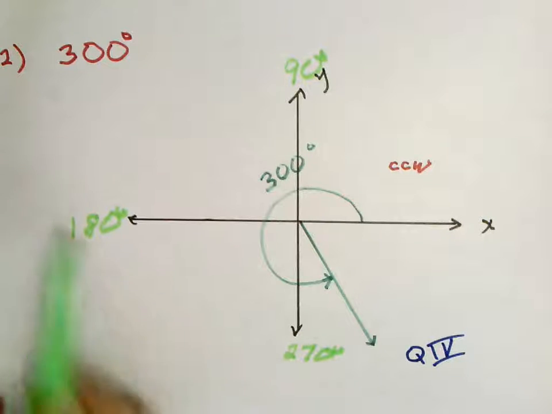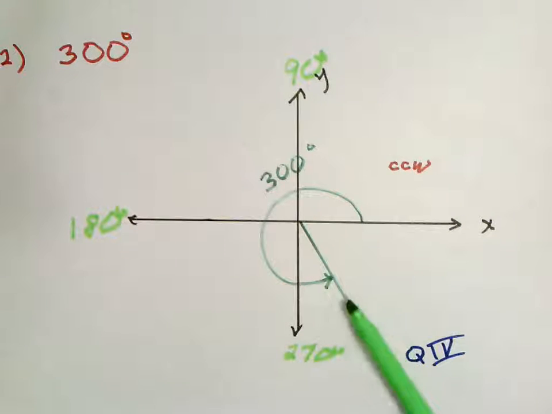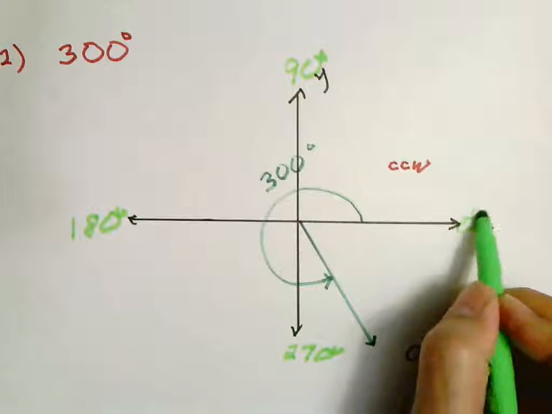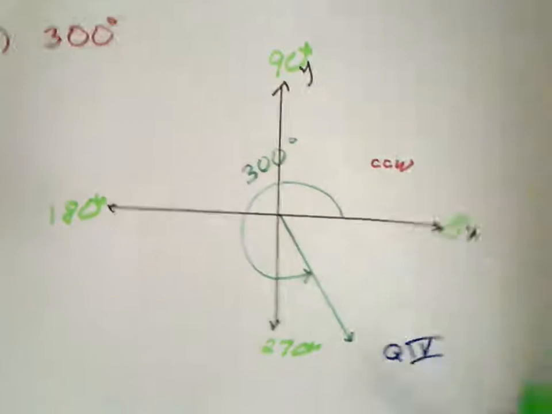We're doing 300 degrees. So the terminal side will be in quadrant 4. So the terminal side is in quadrant 4.